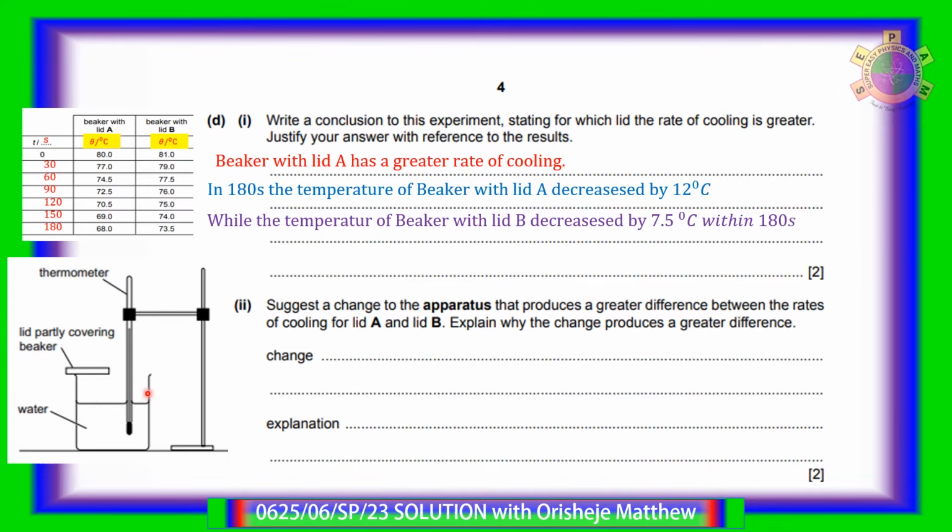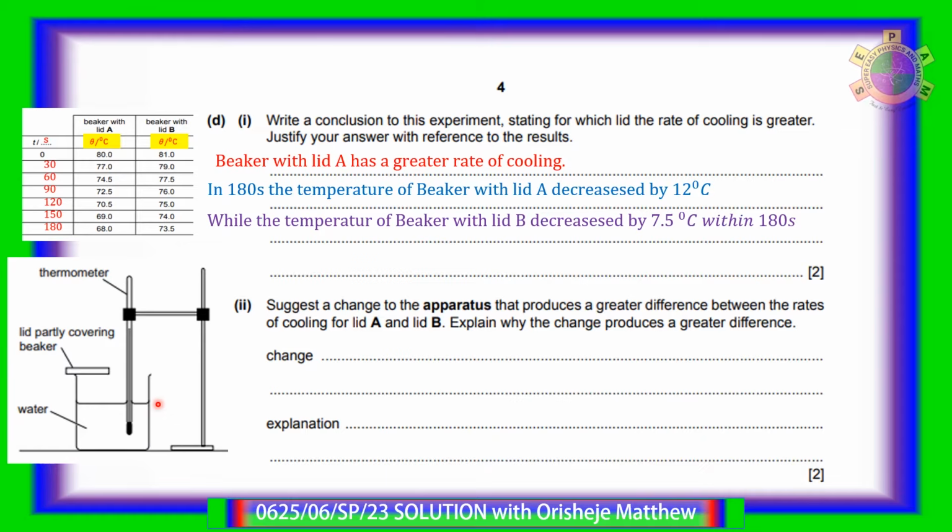So if you want to reduce heat loss so that heat is not flowing out of the beaker, you need to cover this beaker with an insulator. If you cover with an insulator, or you place this beaker on an insulator, heat cannot be lost from the base to the table.